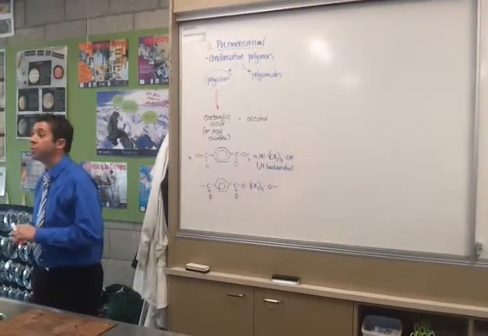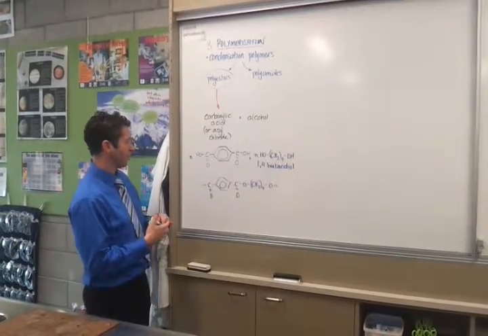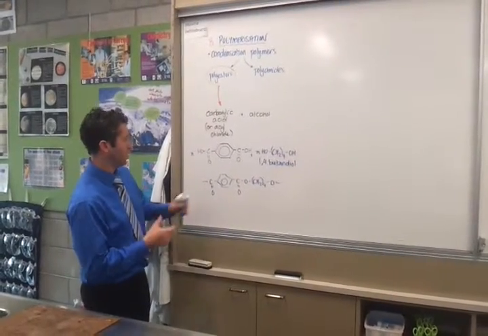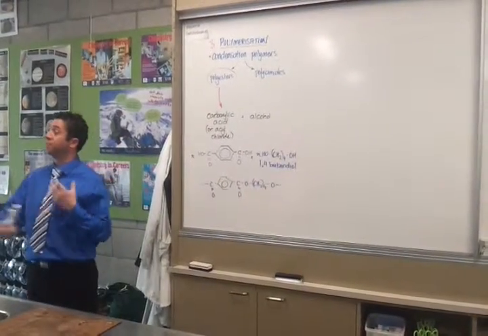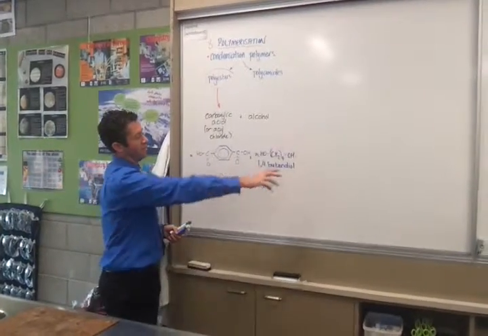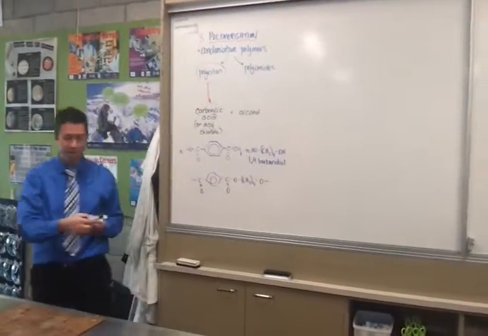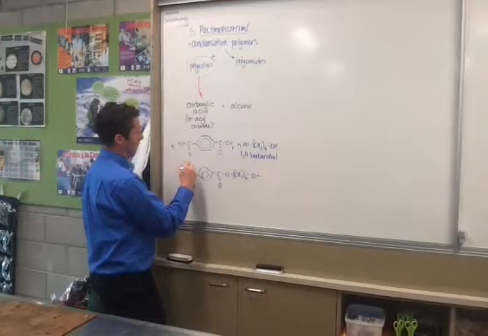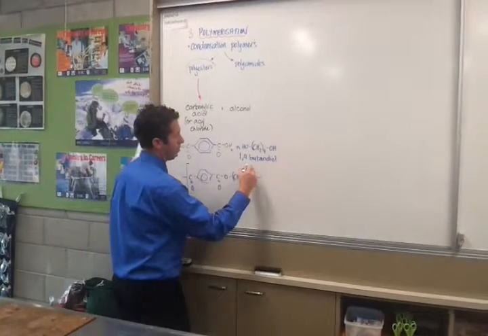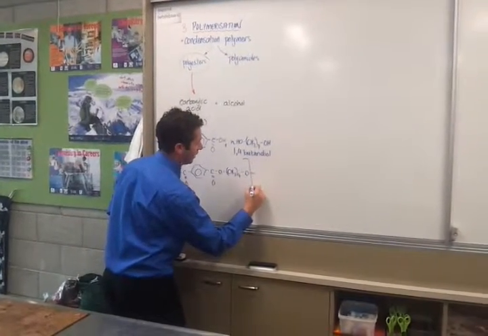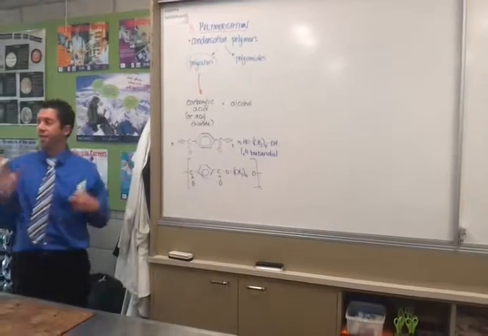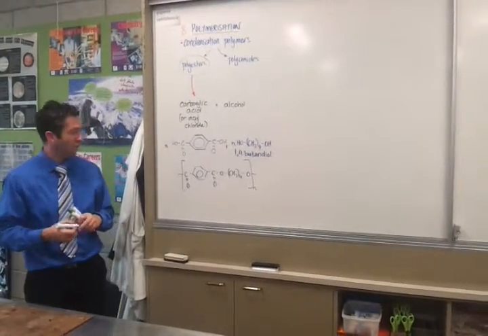Okay, so this is our repeating unit. So this is going to carry on over and over and over again, where these squiggly lines are. So we can put a square bracket around it and a little n next to that as well, to say that that unit is going to be repeated over and over.